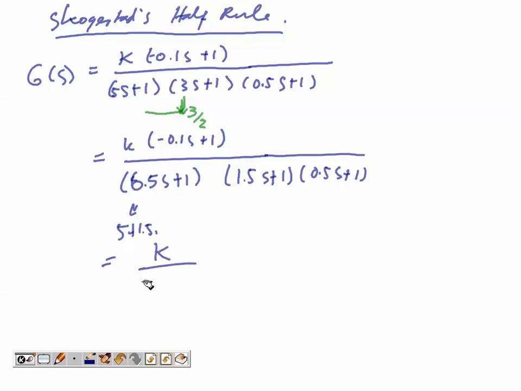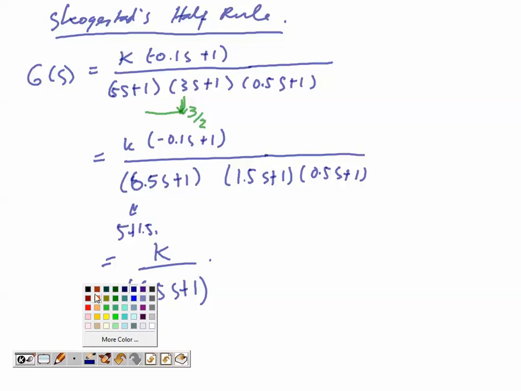Now we write the highest time constant here, K over 6.5s plus 1, and the other factors are handled like in the Taylor series approximation.